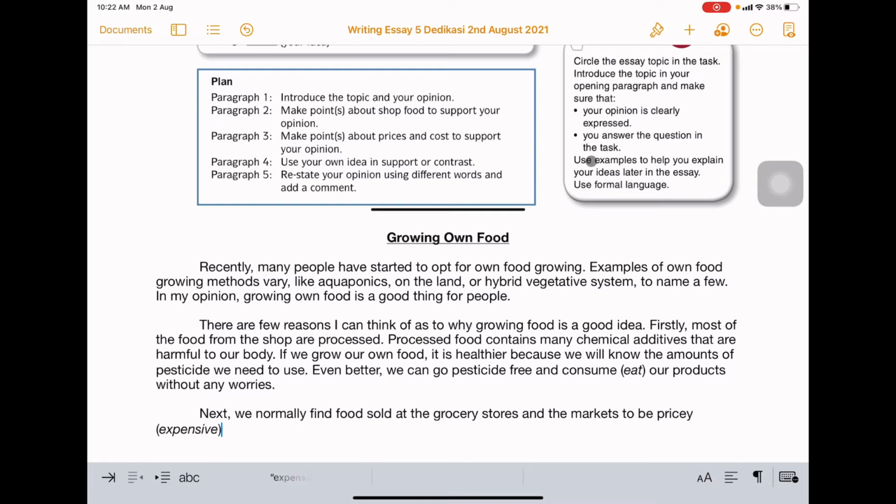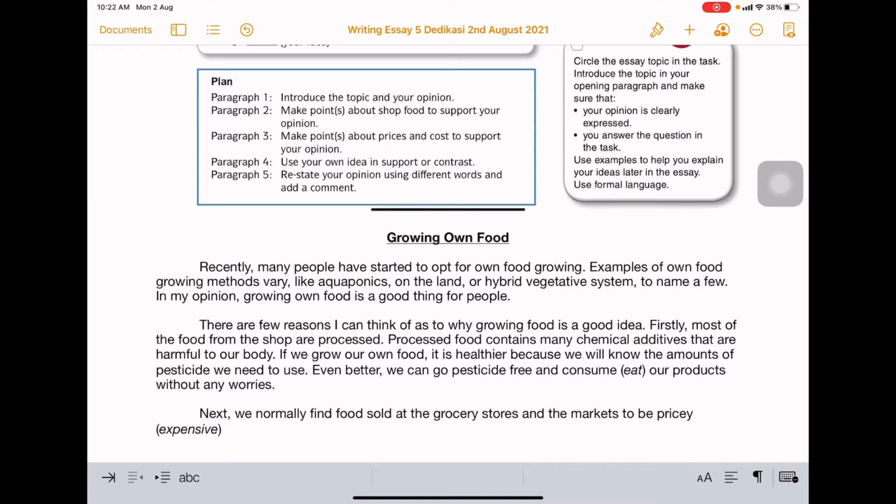But I wouldn't go for the word expensive. If I go for the word expensive, it will mean that everything you can find at the shop is not able to be obtained.